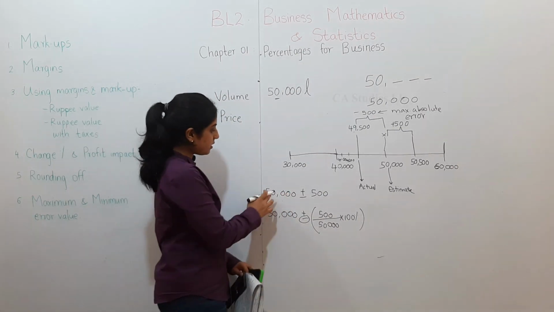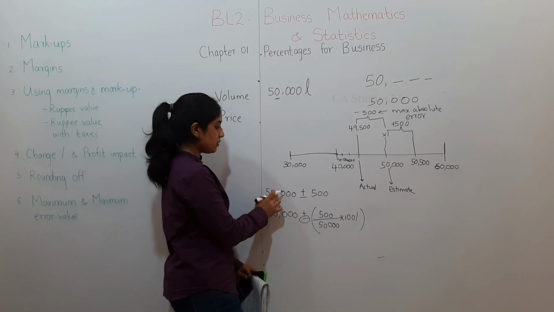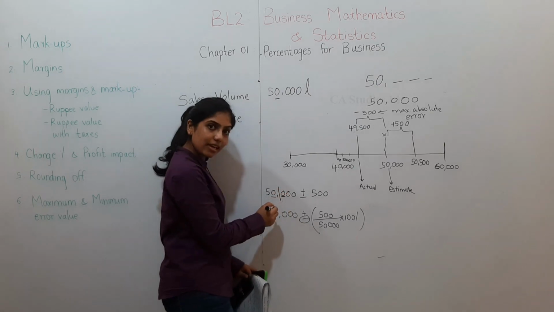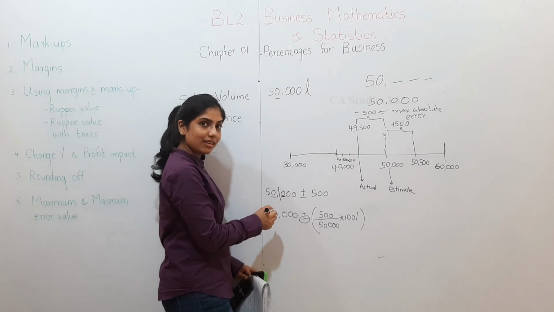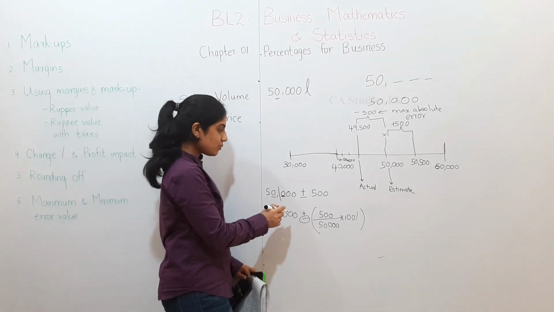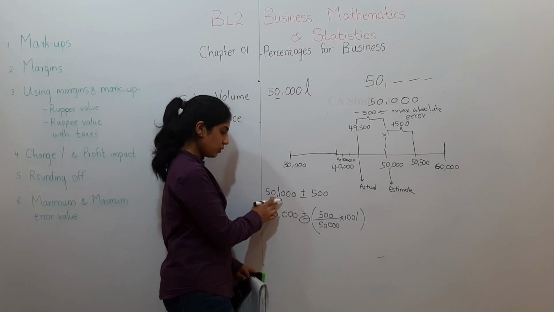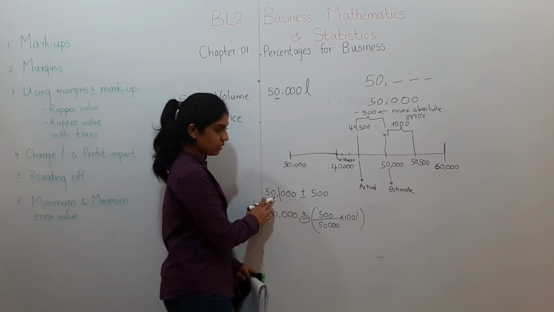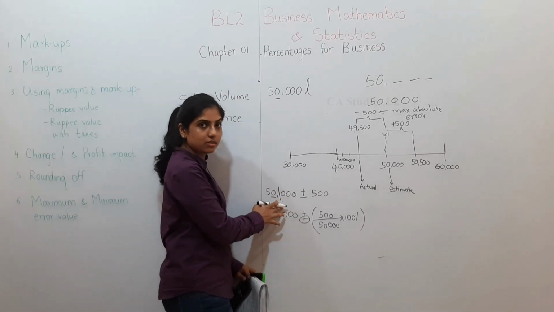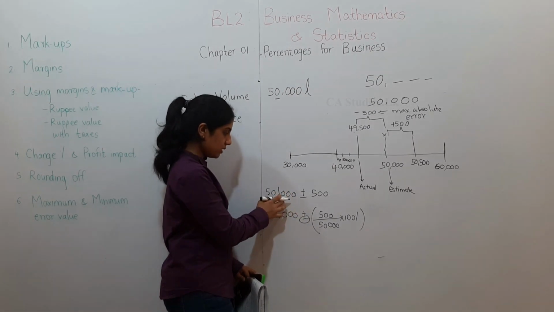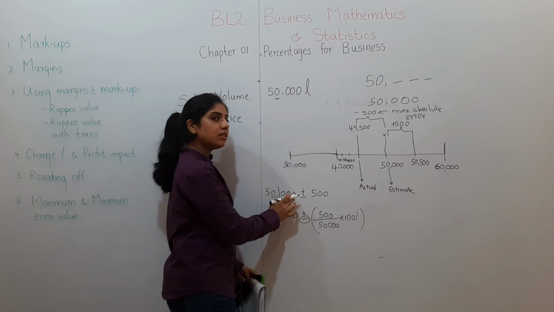For the nearest thousand, this is the place value digit 5, the 0 after 5, then the number after the place value digit only has done a change, right? That is why I said if they give rounded figures to the nearest thousand, express it in hundreds. If they have rounded to the nearest 100, express in tens.